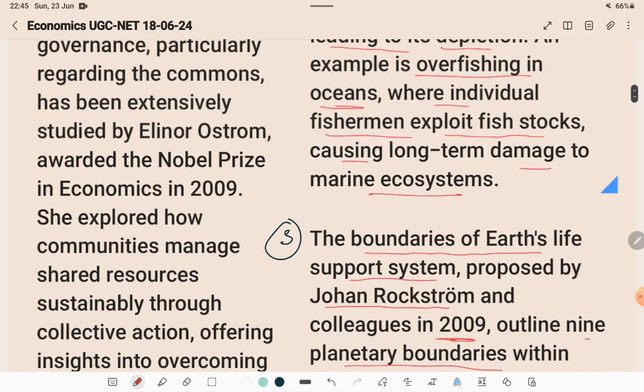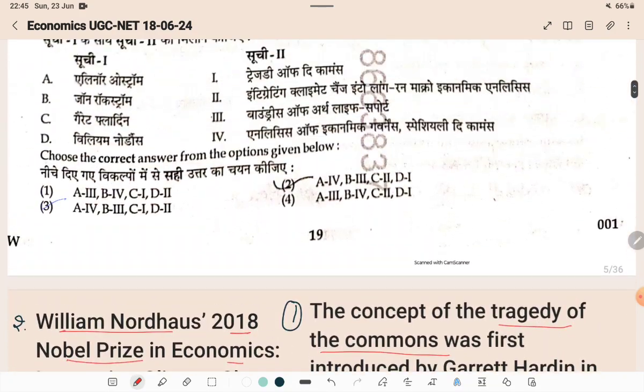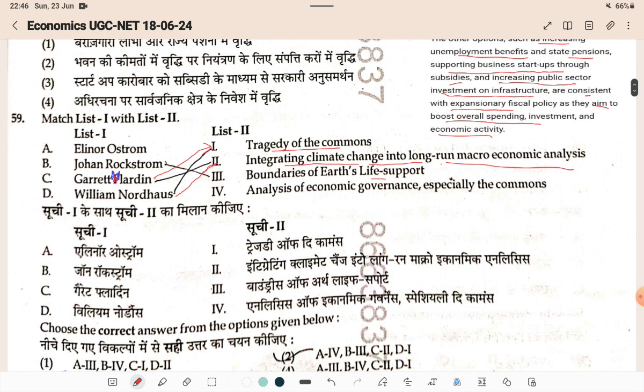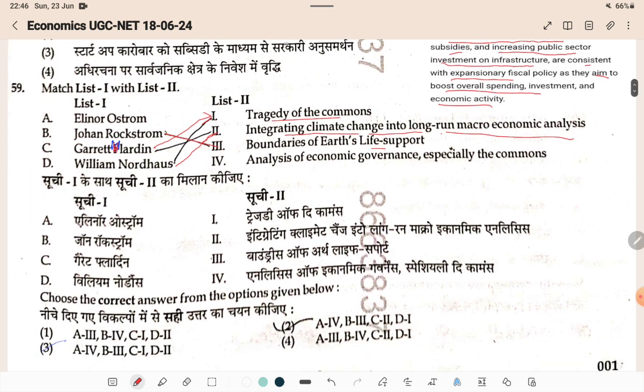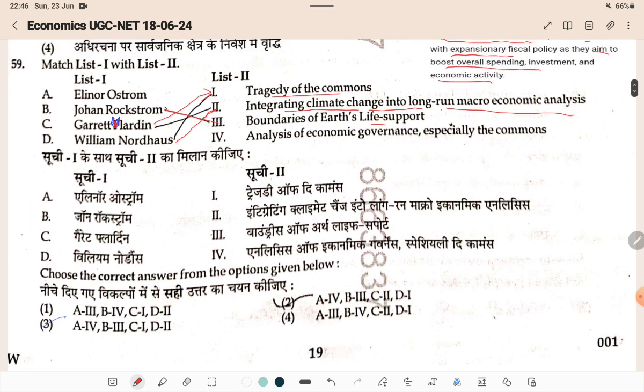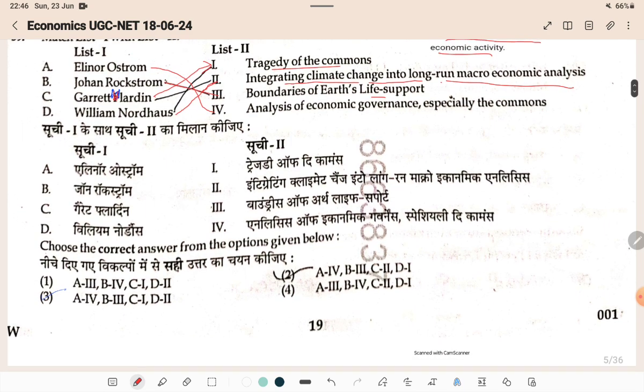So, the boundaries of Earth's life support go with the third one, and the last one, Eleanor Ostrom, goes with the fourth one, analysis of economic governance, especially the commons.